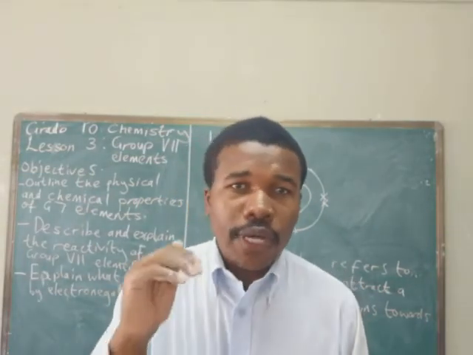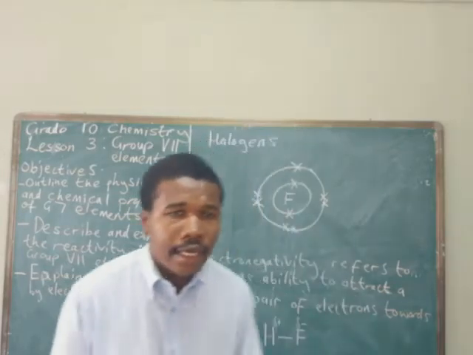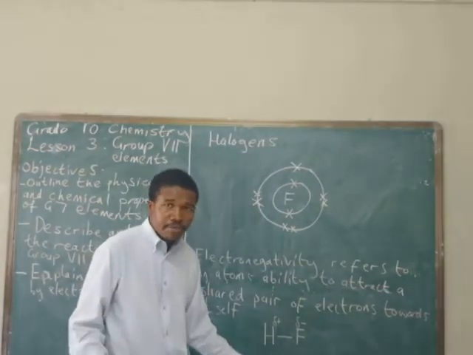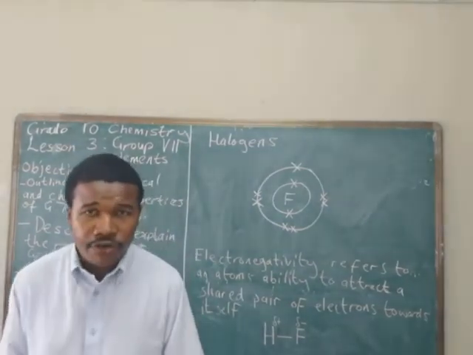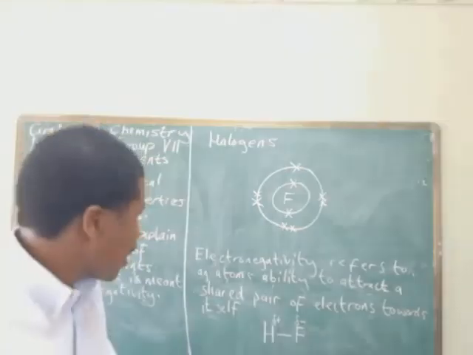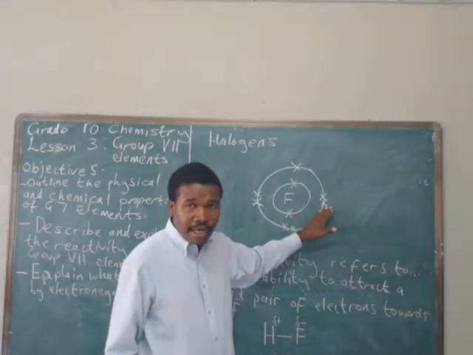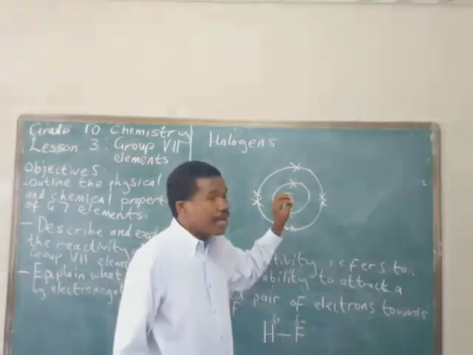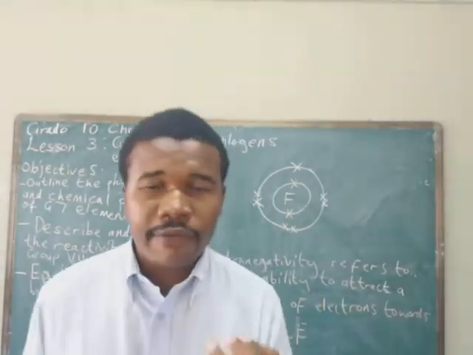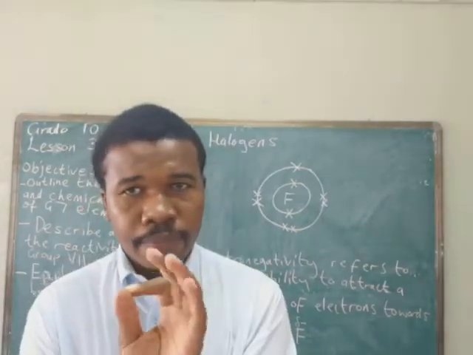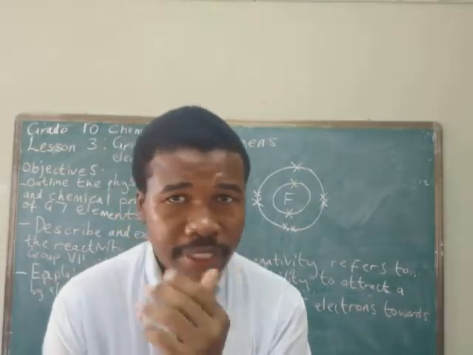So when we are looking at that concept, let's look at a bond between hydrogen and fluorine. You would have a pair of electrons, because remember, these are group 7 elements, and they need to obtain one more electron for them to have a full outer shell, because they need to have 8 electrons in the outermost shell to be completely stable.